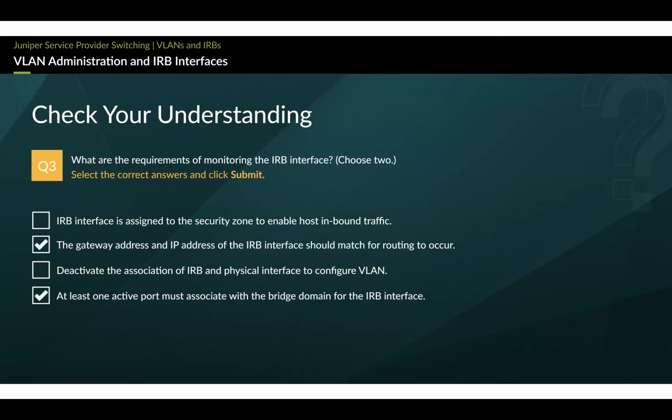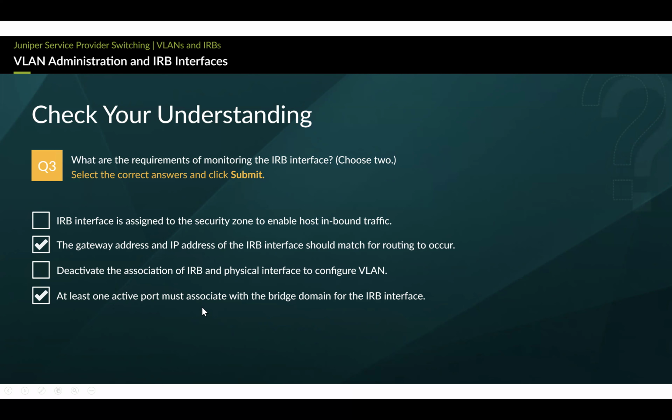Okay, and what are the requirements for monitoring the IRB interface? The gateway address and the IP address of the IRB interface should match for routing to occur. That means you have to assign a valid IP address from a specific VLAN subnet.